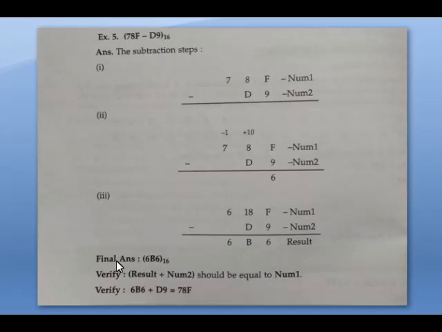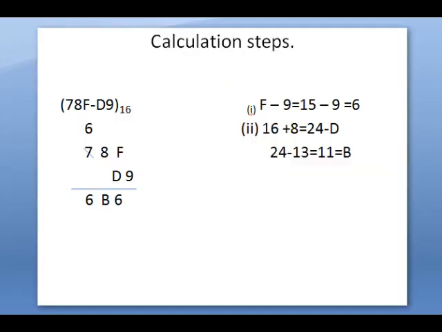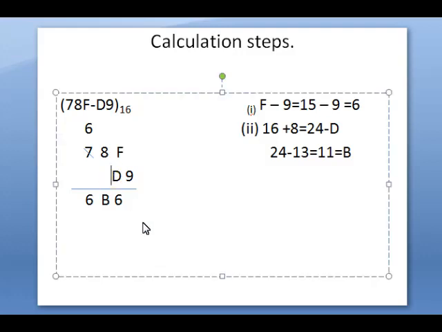Now we are going to see the explanation, the calculation steps of this subtraction. The numbers are 78F and D9.